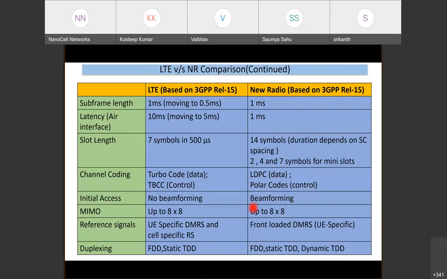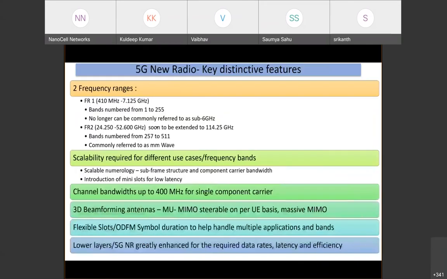And MIMO, of course, 8 layer remains the same, but more MU-MIMO support. And for those of you who might not have heard it, front-loaded DMRS is much more important for low latency services. And remember, the dynamic or flexible TDD is the new addition, which gives us capability to handle lots of interesting things, especially in small cells.